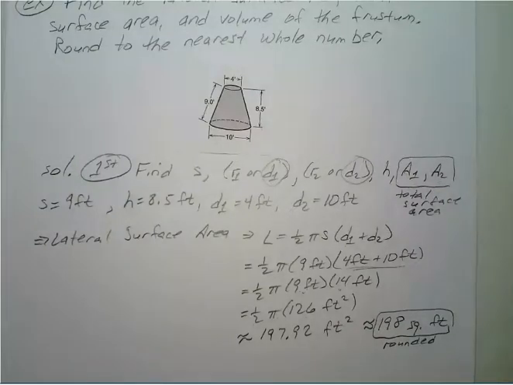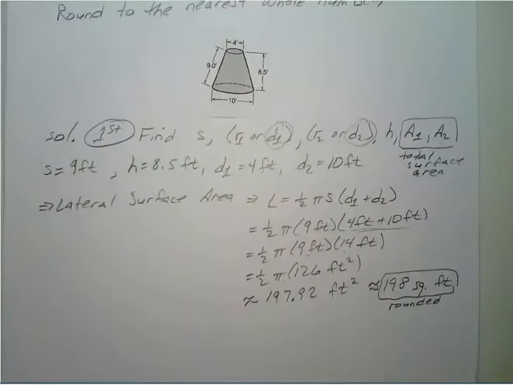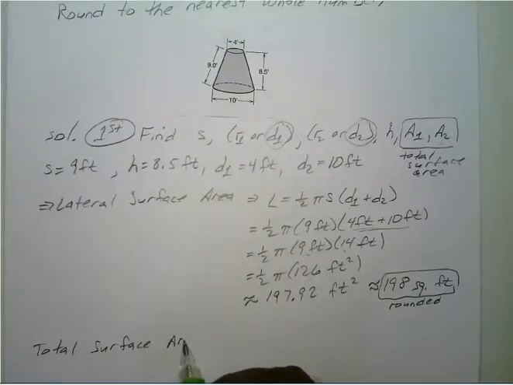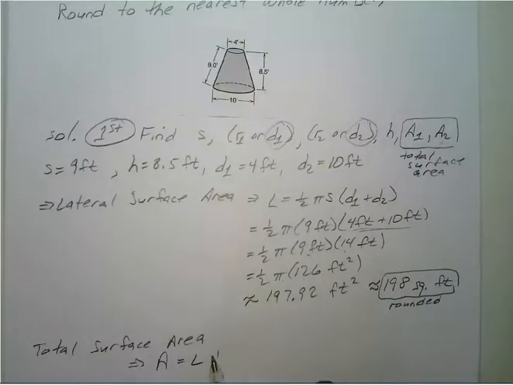Okay, we want to find our total surface area. Let me go ahead and move that up. Okay, so that is our total surface area, which is our lateral surface area, plus our upper base area, plus our lower base area.